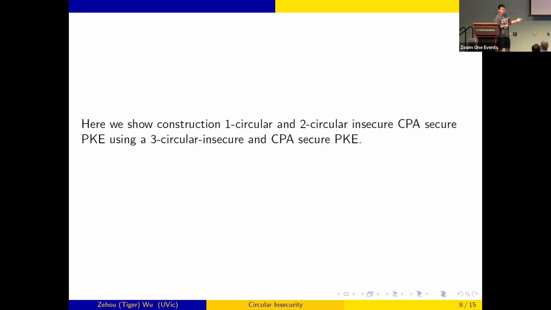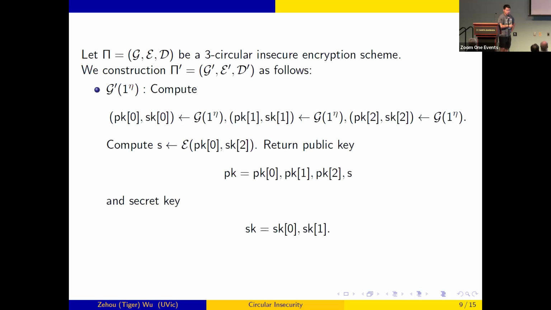Here we will show a concrete example where we construct a 1 and 2 circular insecure scheme from a 3 circular insecure PKE. We begin by assuming there's a pi that is 3 circular insecure. Then we construct pi prime by first calling the key gen of pi 3 times, so we have PK0, SK0, all the way to PK2, SK2.